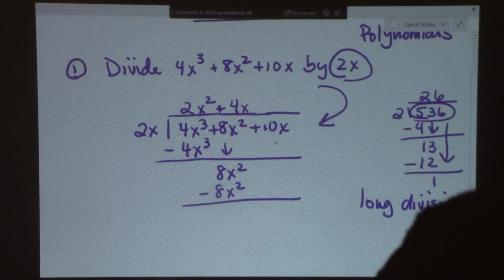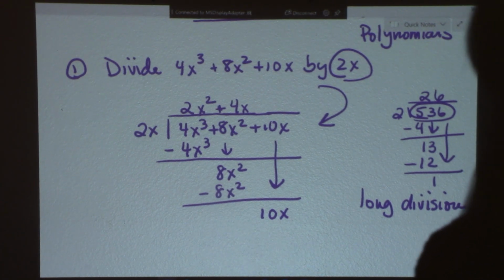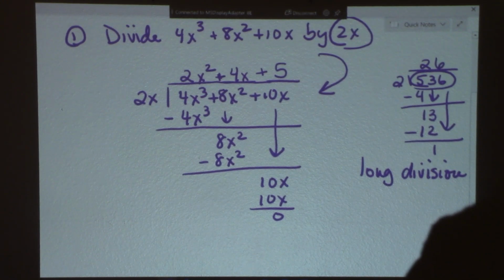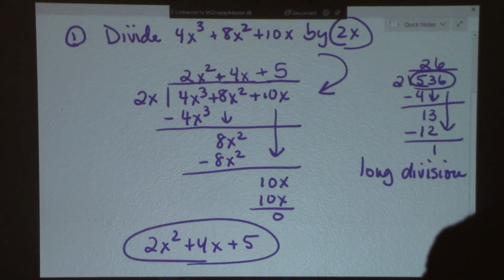So then I just bring down my last term, which is 10x. Okay? So now I'm going to multiply 2x times what to get 10x? Well, I'm going to put a plus there, and I'm going to multiply that by 5. And 5 times 2x is 10x. So the answer to my problem, the quotient, is 2x squared plus 4x plus 5. And that's my answer.